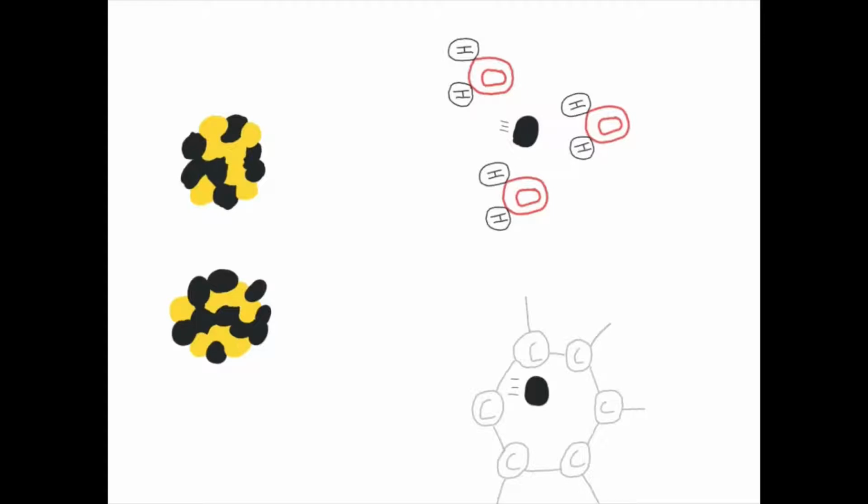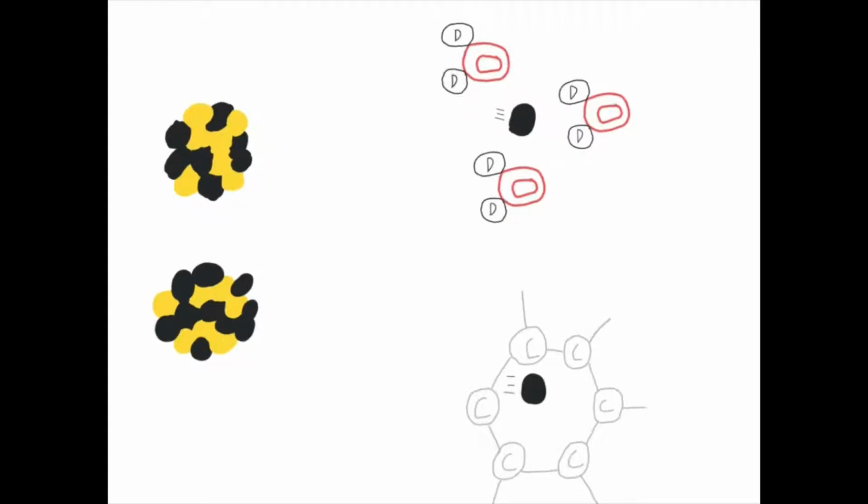To solve this, sometimes scientists will use heavy water, which is water that already has both of its hydrogens as deuterium atoms. And that makes it less likely for the neutron to be absorbed by the hydrogen atom because there's already a neutron there making deuterium. Another good moderator is graphite because, again, it slows down neutrons without absorbing them.